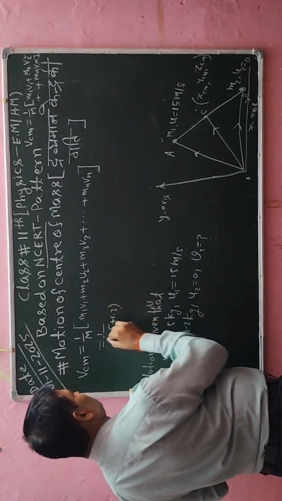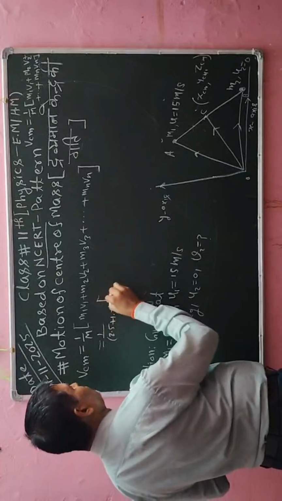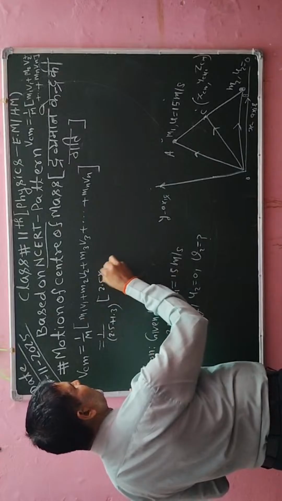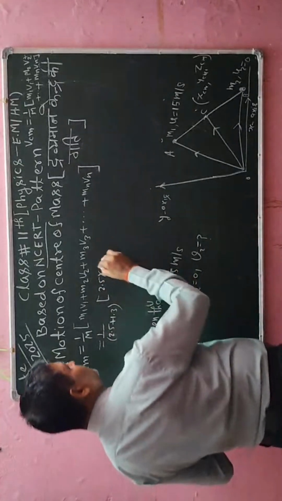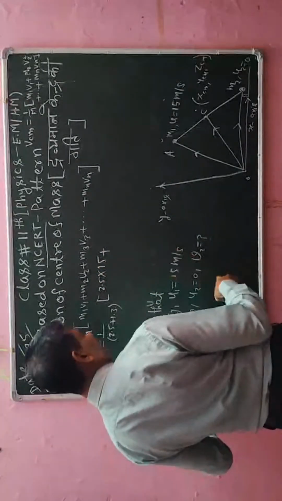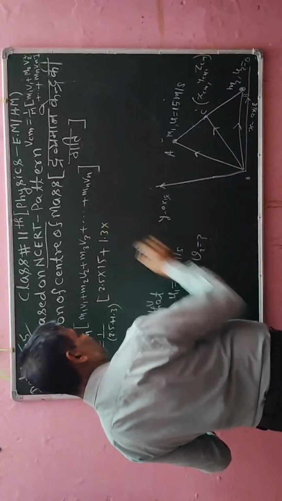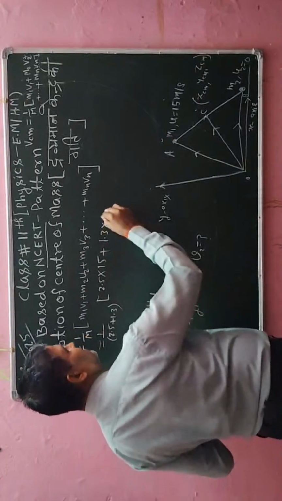In the bracket I have to write m1, that is 2.5 kg, and velocity u1, that is 15, plus the second object whose mass is 1.3 and whose initial velocity is 0.